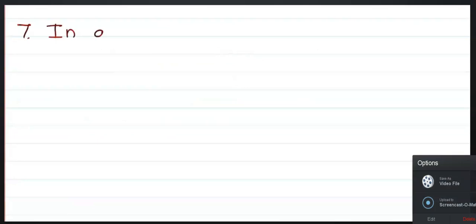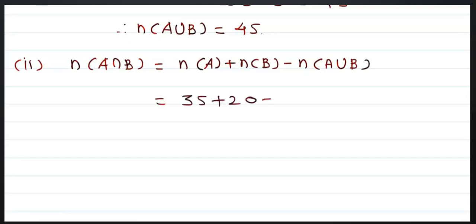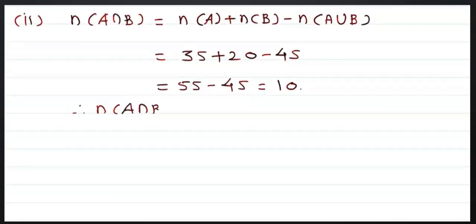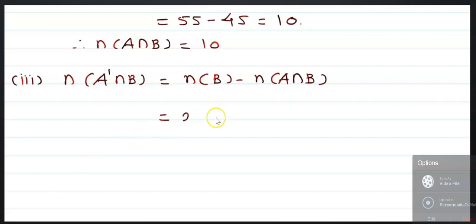Now see this again. Next is the third one. N of A complement intersection B is equal to N of B minus N of A intersection B. All these formulae you have to remember. And every time you see in the textbook, what are the elements in the set?